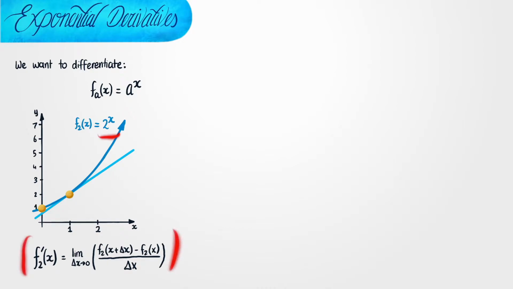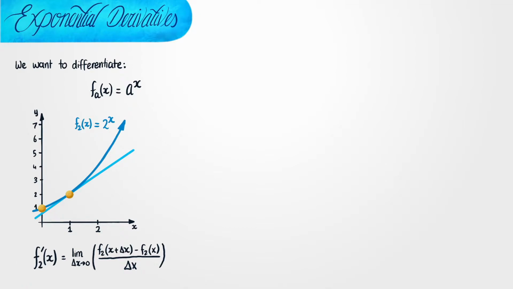Now, because we're looking at a new function again, we're going to need to invoke the first principles definition of differentiation. So if I wanted the derivative of f2 of x, then I'm going to need to write it like this. So if we want the derivative of 2 to the power of x, then we need to evaluate this whole limit over here for the case when f of x equals 2 to the power of x.